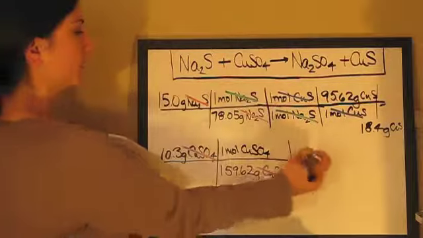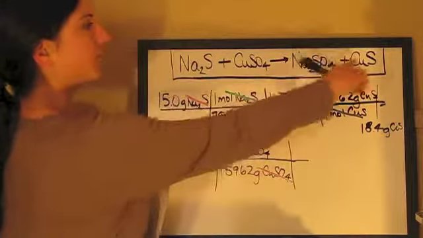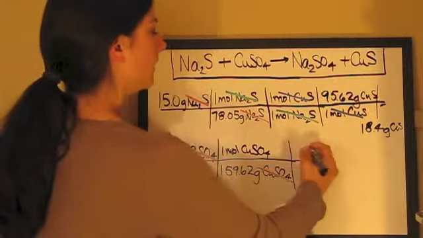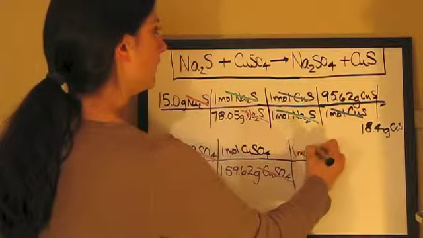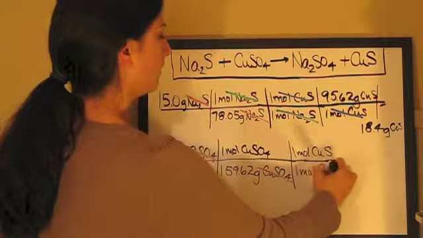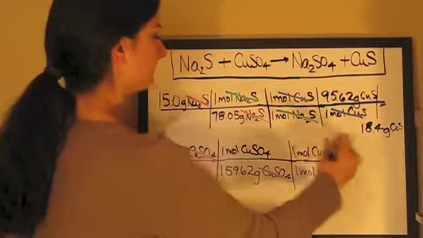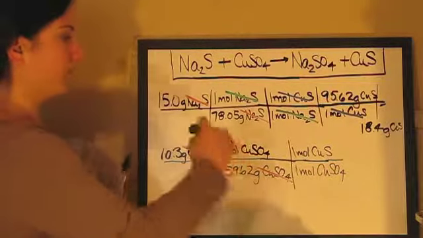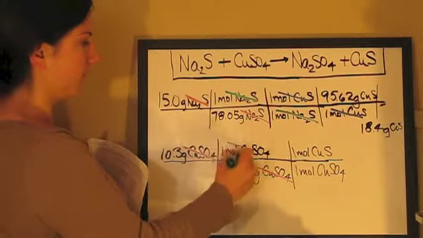Grams of copper sulfate cancel on the top and the bottom. So now we're in moles of copper sulfate, and we can convert to moles of copper sulfide. So we have 1 mole of copper sulfide for every 1 mole of copper sulfate. And the moles of copper sulfate on the top and the bottom cancel.